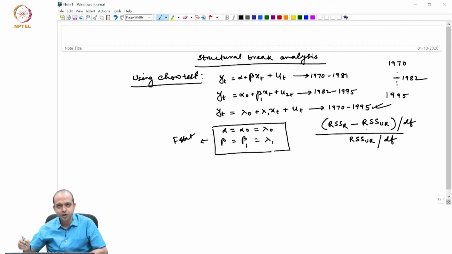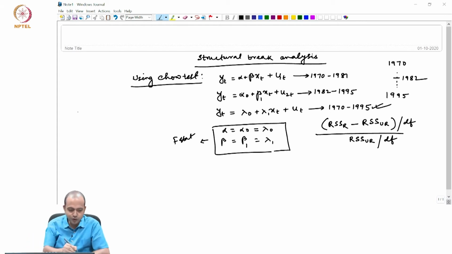For the restricted model, the entire period, it is n minus k. And RSS UR, how are you getting RSS UR? RSS UR was n1 minus k plus n2 minus k. So, it was n1 plus n2 minus 2k.